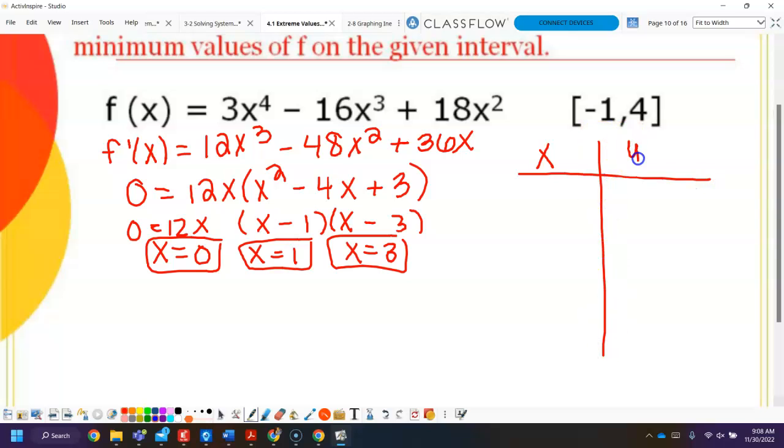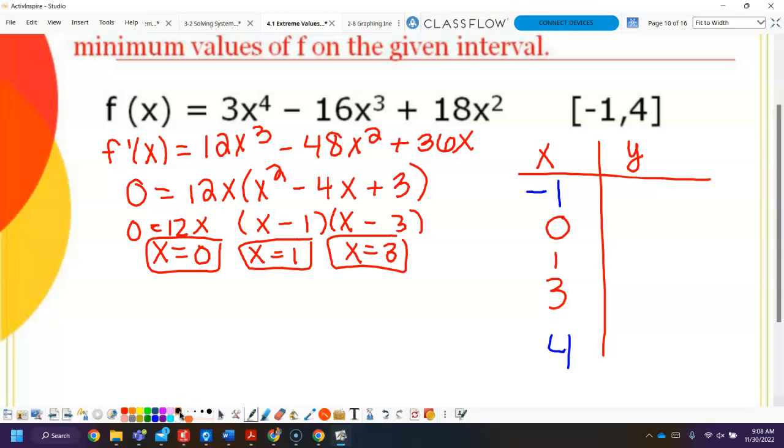So bring on that candidates test. You're going to check your endpoints, and your critical points. The endpoints and the critical points are going to be checked in the original function.